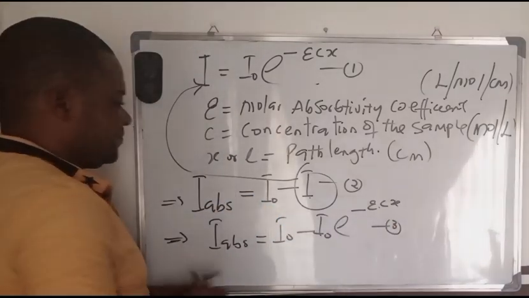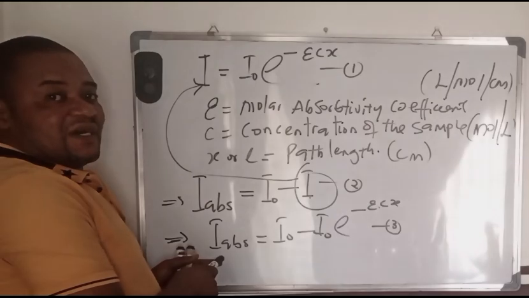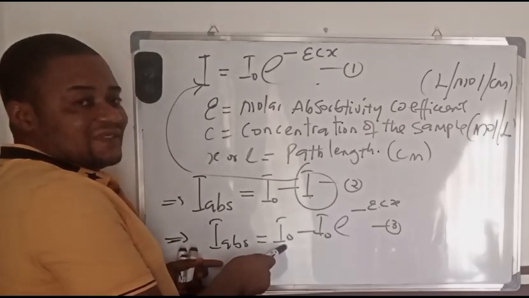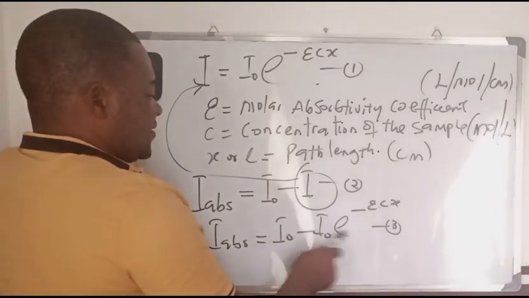This means that we now have, remember that it means that your intensity of absorbed radiation is equal to what? The intensity of incident radiation times this, minus this.